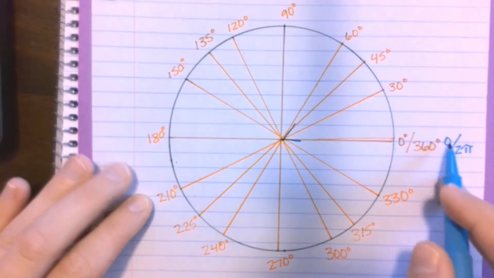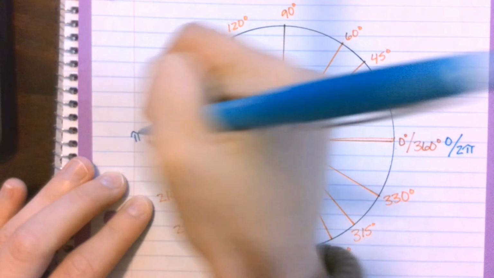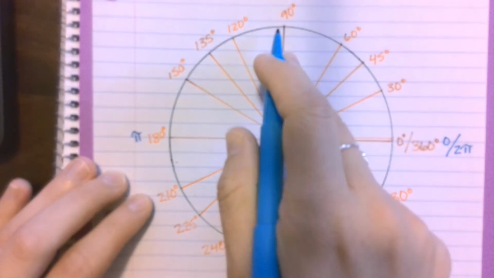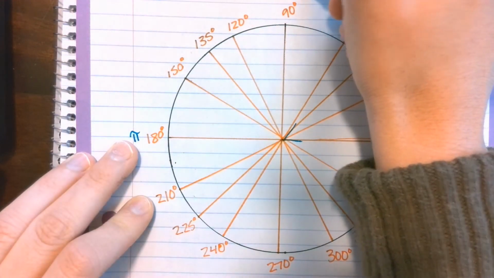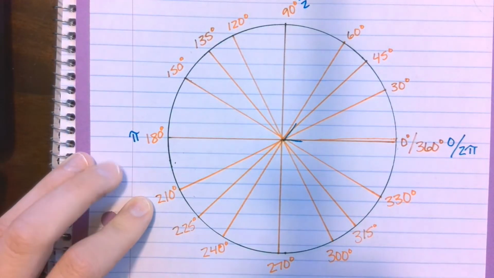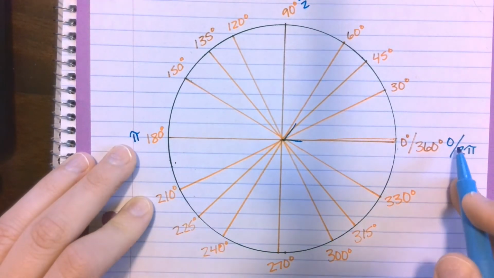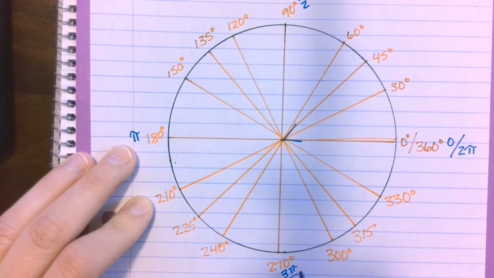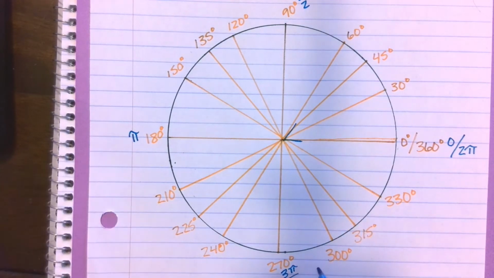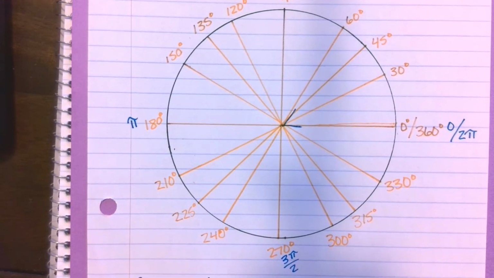So if our whole circle is 2 pi, that means that half of our circle would be pi. That means that 90 degrees would be half of that, so 0 to pi, so you'd have pi over 2. Our 270 would be halfway in between pi and 2 pi, so it's going to be 3 pi over 2, or you can think of it as 1.5 pi. But after that, we get kind of stuck. We kind of go through those, but then if it's not a 90-degree angle, what do we do with that?